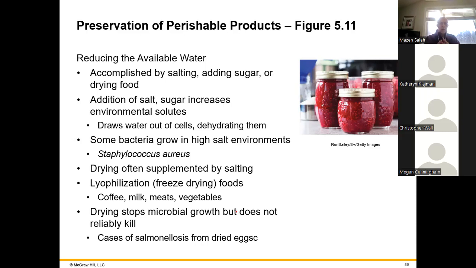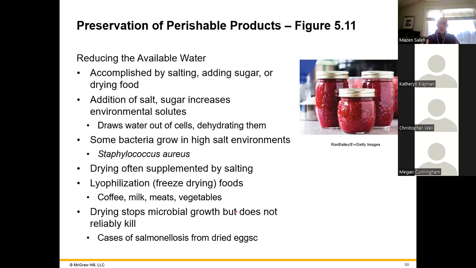Okay, drying, so dehydration, of course, is also very good because you remove all water without adding any sugar or salt. But again, you can't dry anything, okay? There are some foods that you can enjoy being dried.